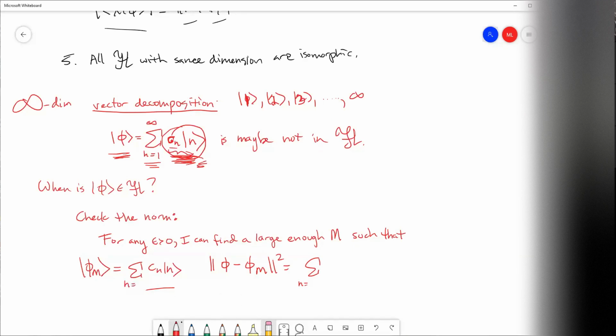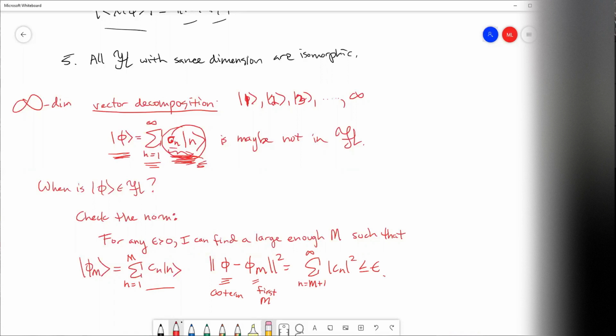You just look at the first m terms, right? And you look at the difference between phi, which includes an infinite number of terms, and phi m, which is just the first m terms. Then this, of course, is the sum from m plus 1 to infinity of the coefficients c of n squared. And this should be less than or equal to epsilon.